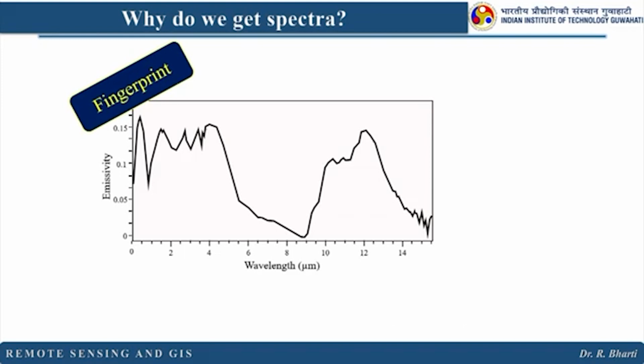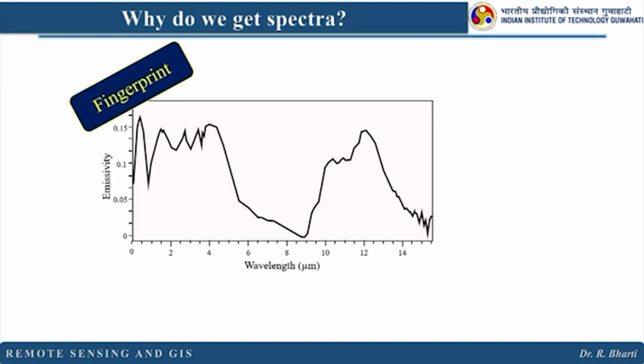Now, let us understand why we get spectra. First of all, if we are illuminating a surface, then it will absorb some energy, it will reflect, it will transmit, and then some energy will be re-emitted to our atmosphere.